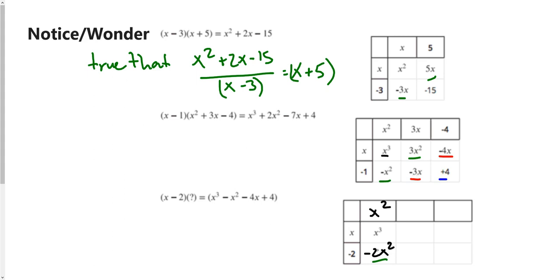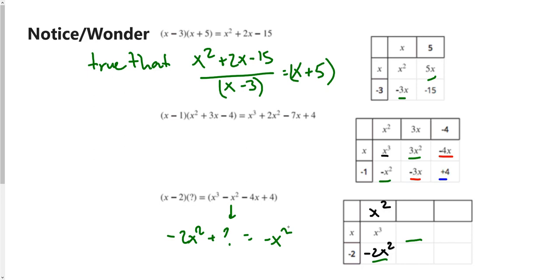And its like term has to be here, diagonally up from the negative 2x squared. And this term is going to have to combine with the negative 2x squared to equal the negative x squared. So negative 2x squared plus something is going to equal negative x squared. Well, what's that going to be?